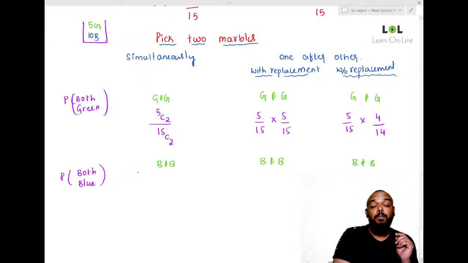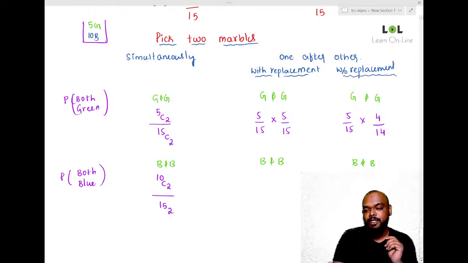We need two blue. 10 blue marbles are there, we need 2 from them. How many ways can we select? 10C2. Out of, what is the total cases? Totally 15 marbles are there. Selecting 2 out of 15 will be 15C2. Perfect answer, guys.